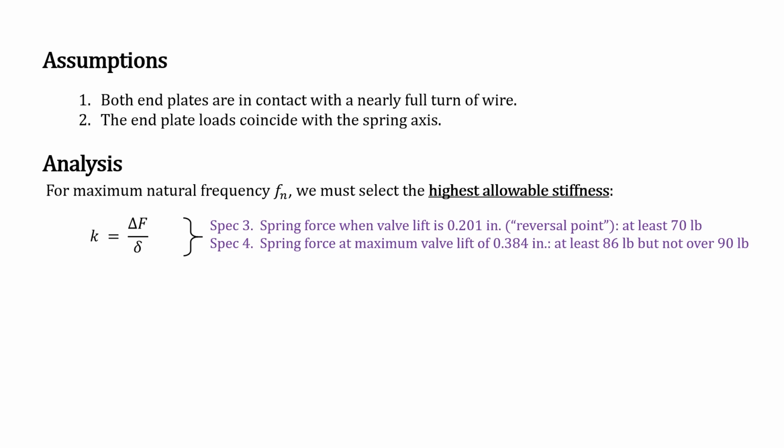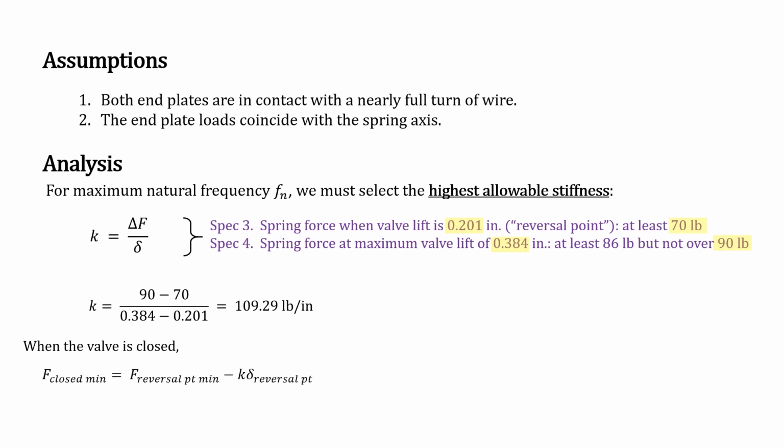In this equation we're doing a change in force. That first value can't be over 90 pounds, but it has to be at least 70 pounds, so that's the range of forces we're working with. And then your displacement is just the difference between 0.384 and 0.201. So hopefully that makes sense. We end up with a stiffness of 109.29 pounds per inch.